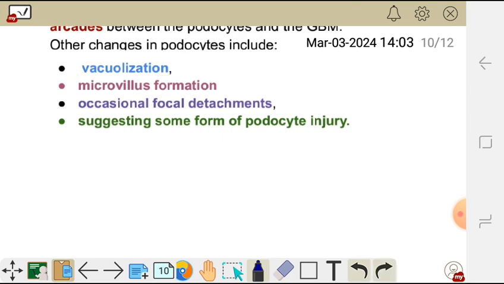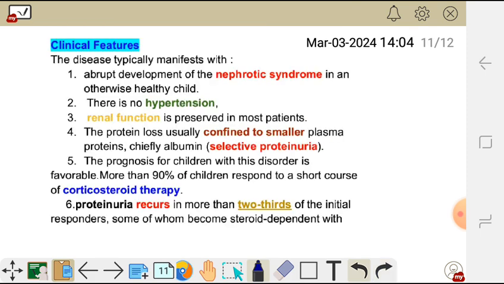Then we have microvillus formation. So these microvilli are formed on the podocyte as well, and we have occasional focal detachments. So podocyte foot processes will be detached from the basement membrane of the glomeruli. And then we also have injury to podocytes. So these are the morphologic features which are observed in minimal change disease.